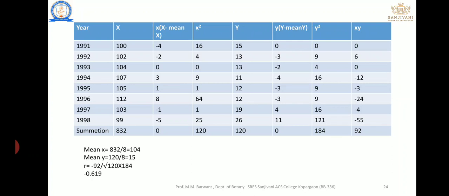Then we multiply x and y, then take the square of x and y square, make the calculation, put it in the formula and we get the answer. For example, for one variable we calculate three things: first the mean, then x square, then y square, and finally xy.